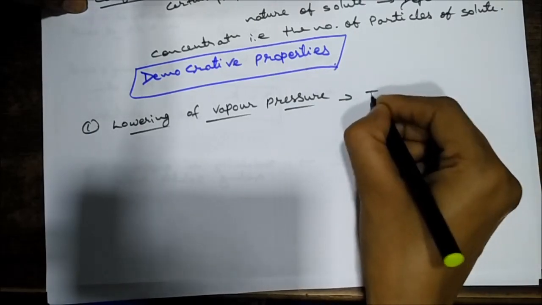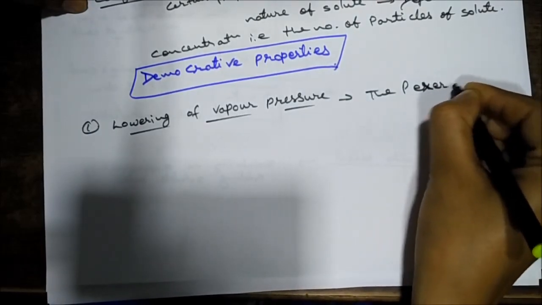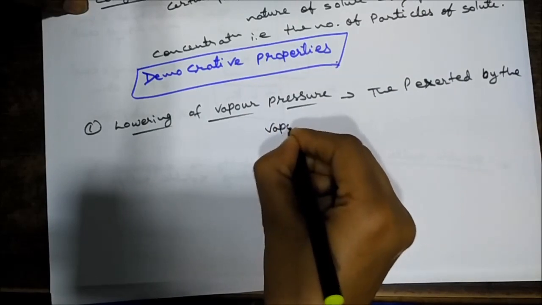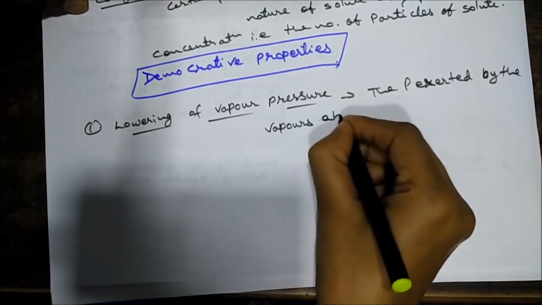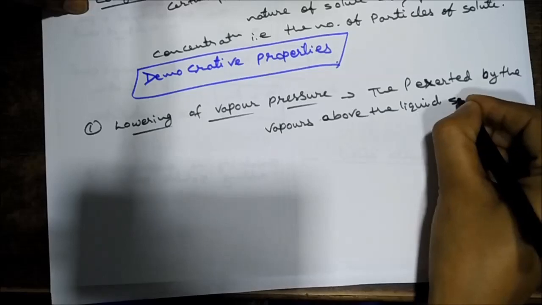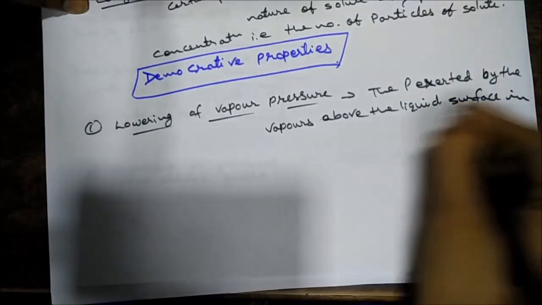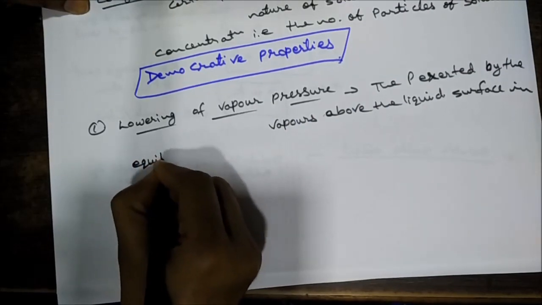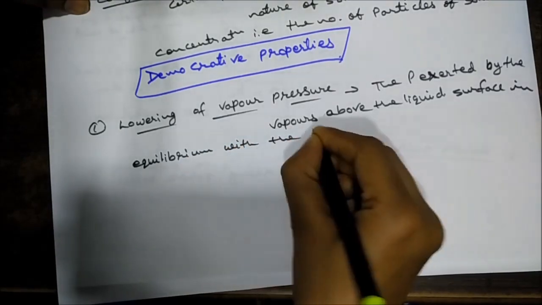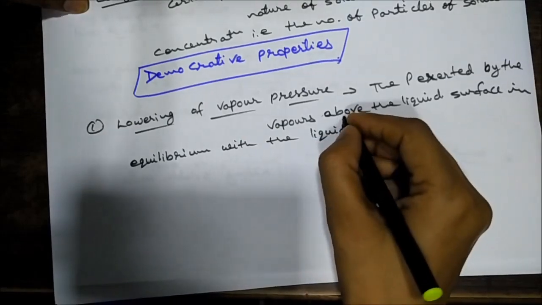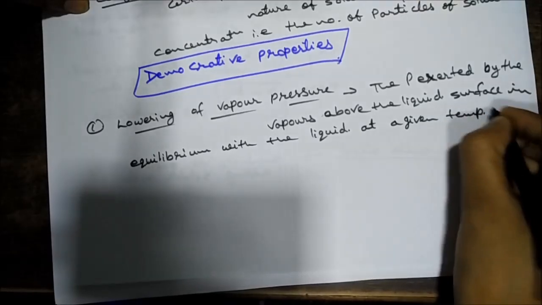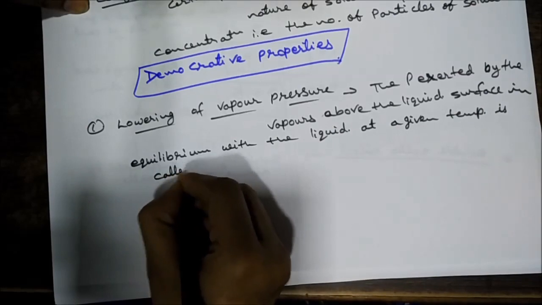The pressure exerted by the vapors above the liquid surface in equilibrium with the liquid at a given temperature is called vapor pressure.